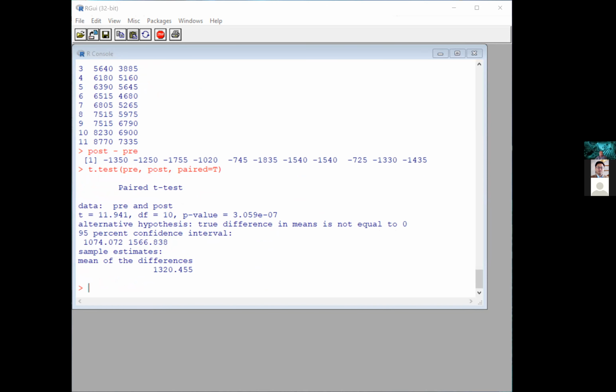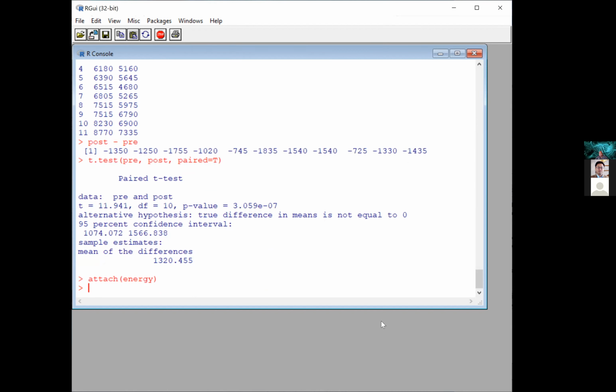Now we're going to move into something called independent samples, where one sample doesn't depend on the other. So what we're going to do again is go back to the energy data set. We're going to attach energy. Make sure it's in there.